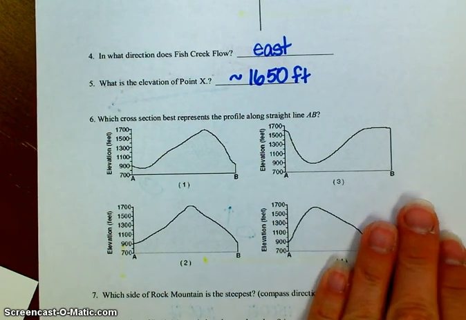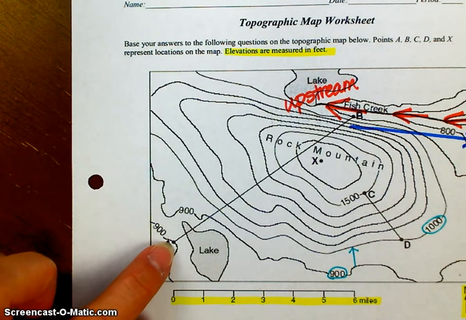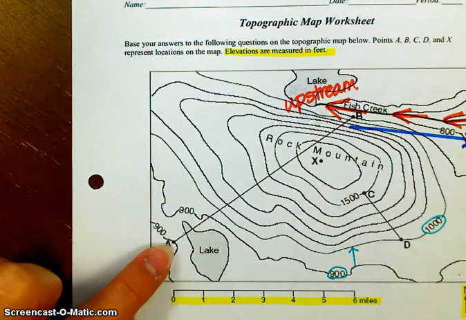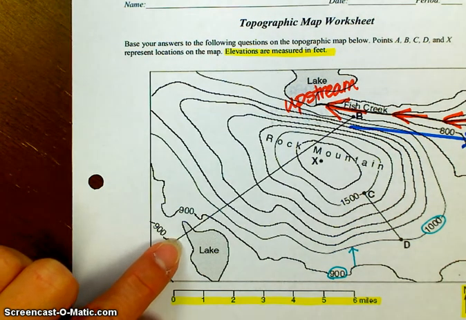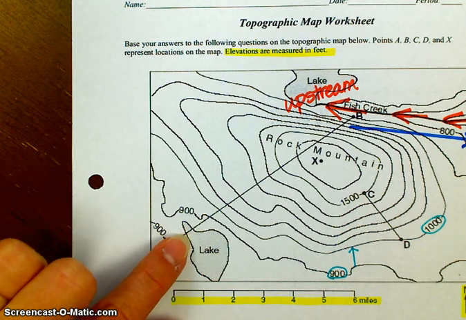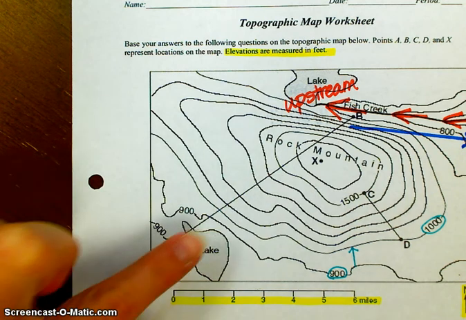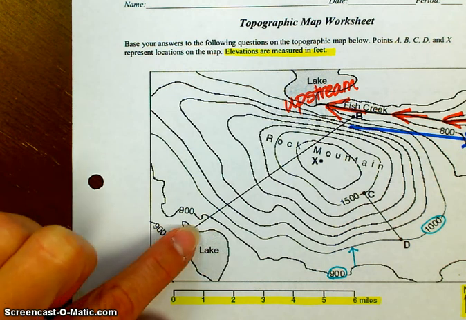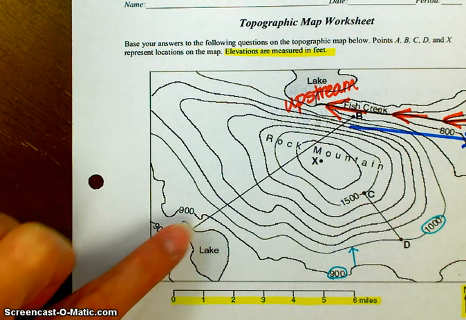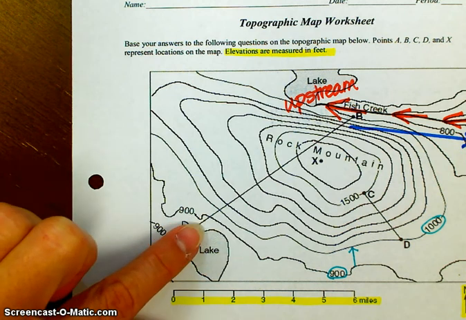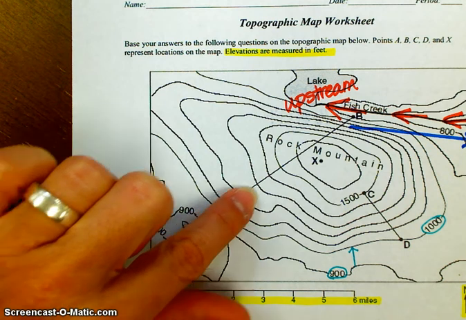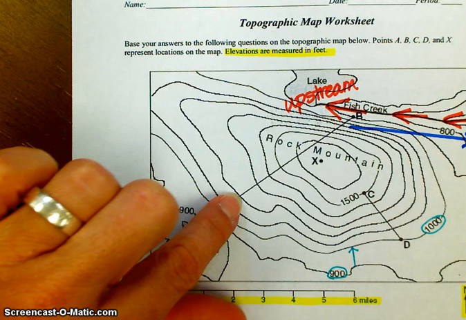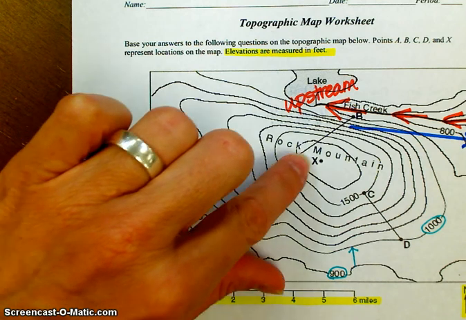Now let's take a closer look at that line. If I start at A and I walk towards B, I'm going to hit this lake and cross this lake. Well, lakes lie in low spots, so I know I'm going to go A, down just a little bit, not much, and then back up to 900. So 900, a little bit of a dip, back to 900. And then I start climbing the hill. 1,000, 1,100, 1,200, 1,300, 1,400, 1,500, 1,600.